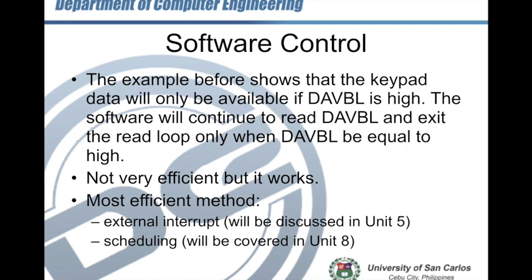One method is the use of external interrupt, which will be discussed in Unit 5. But for those of you who were under me during the transition semester about the PIC 16F84, we used the RB0 external interrupt as the interrupt source for the keypad.